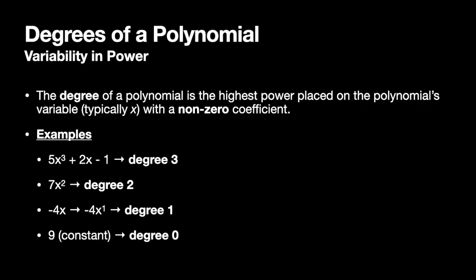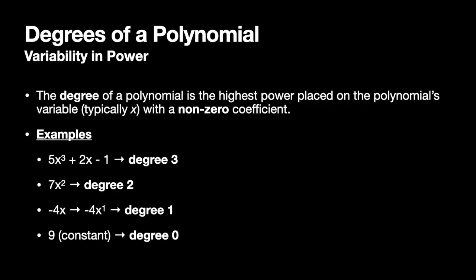So the degree of a polynomial is given as the highest power placed on the polynomial's variable, typically x, with a non-zero coefficient. So some examples, if we have 5x to the power of 3 plus 2x minus 1, we can see that the highest power being raised on the variable x is 3. Similarly, for 7x squared, there's only one term, but still the highest would be 2.